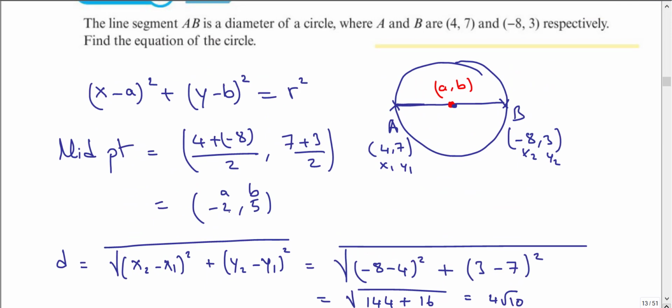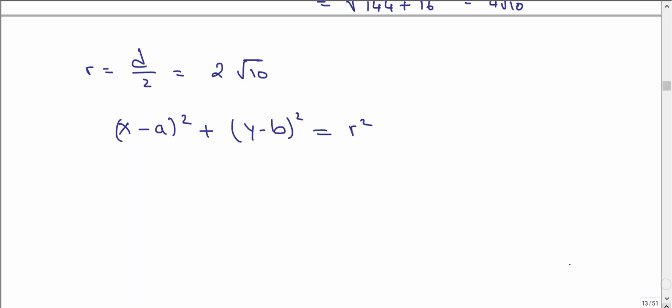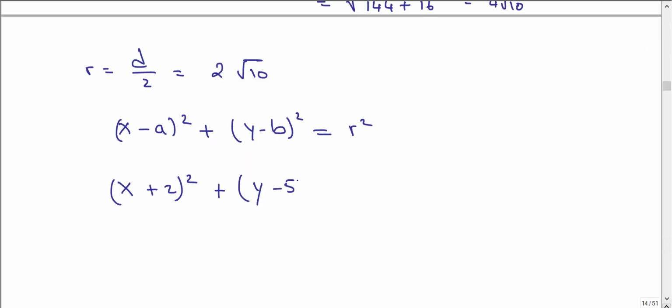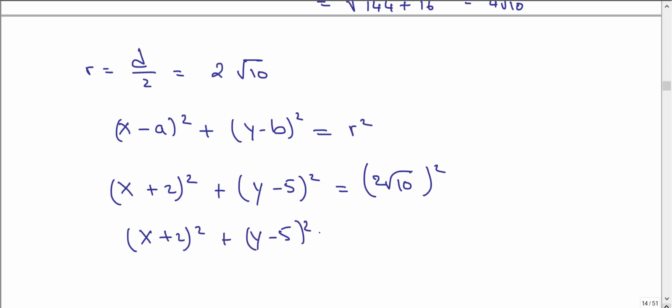With a and b, x minus negative 2 is x plus 2, plus y minus 5, equals 2 root 10 all power 2. So (x plus 2) all power 2 plus (y minus 5) all power 2 equals 4 times 10, that's 40.